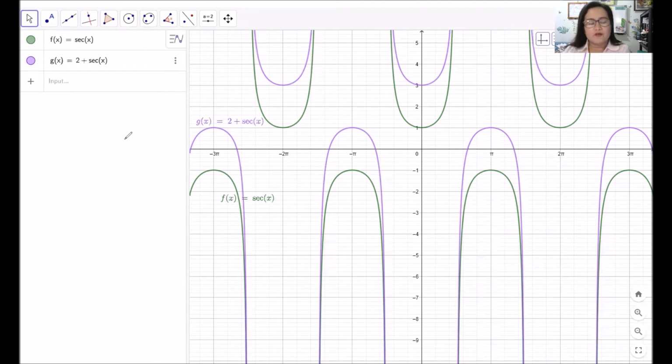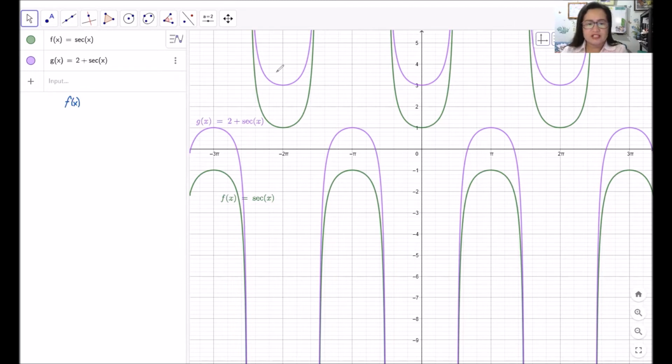Now, what about if there is a change in the value of b in this function? b is 0 in f of x, while in g of x, b is positive 2. So let's see if there is a change in the domain. Take a look.